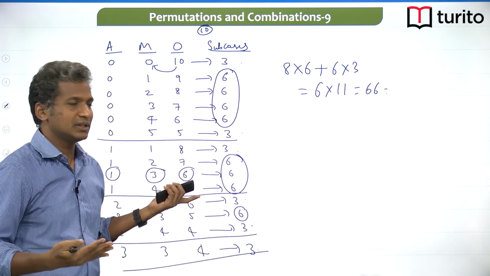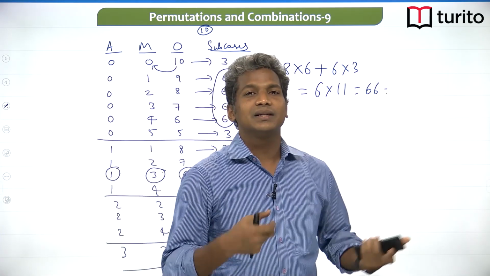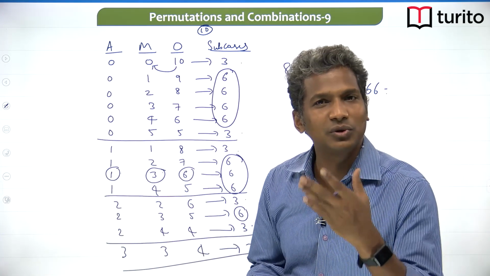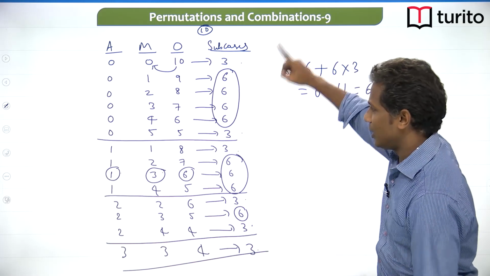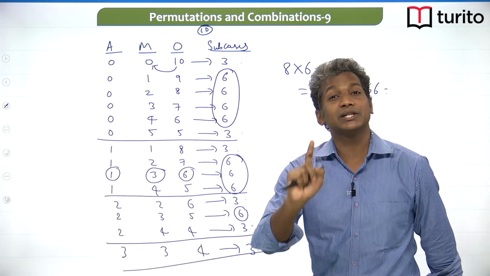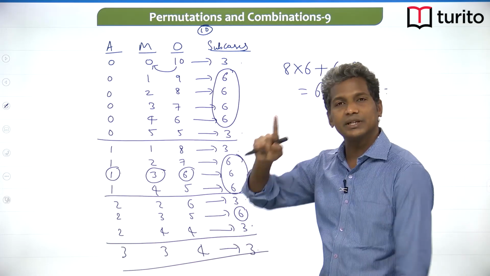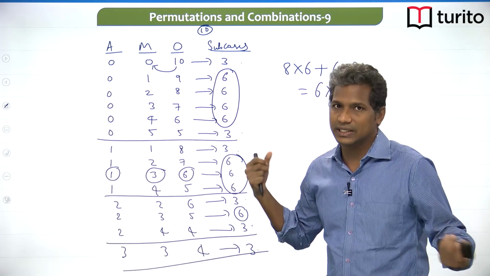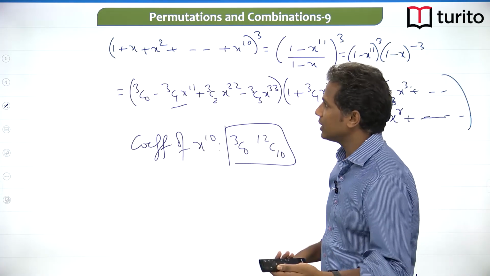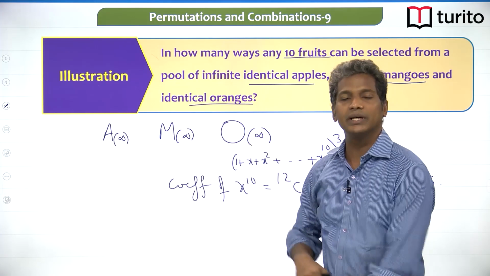Of course, yes. So, the number of cases that we are getting are actually the number of solutions. Every case here, every sub case, is representing a solution. So, there should be 66 ways. In other words, we can also start right from here.